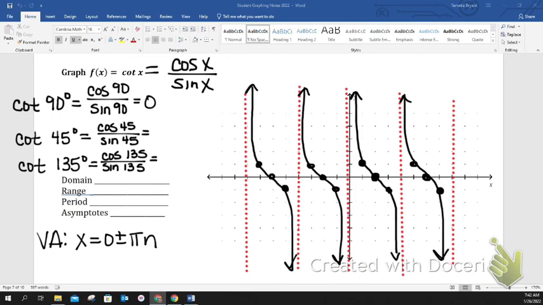My domain is all real numbers, except x cannot equal 0 plus or minus pi n. The range for tangent and cotangent is all real numbers. The period for tangent and cotangent for the parent is pi. And we have our asymptotes.